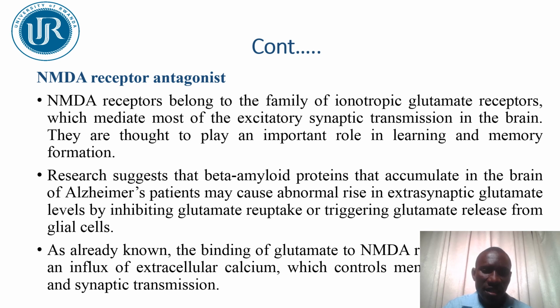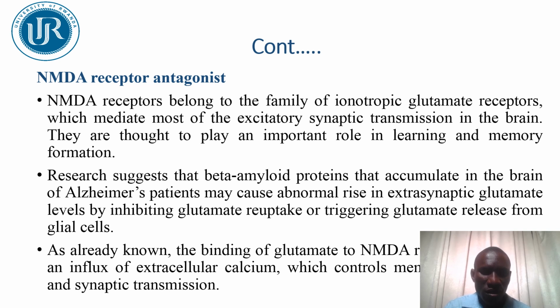Research suggests that beta amyloid proteins that accumulate in the brain of Alzheimer's patients may cause abnormal rise in extrasynaptic glutamate levels by inhibiting glutamate reuptake or triggering glutamate release from glial cells.